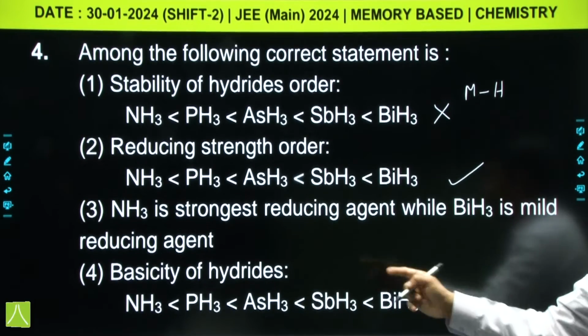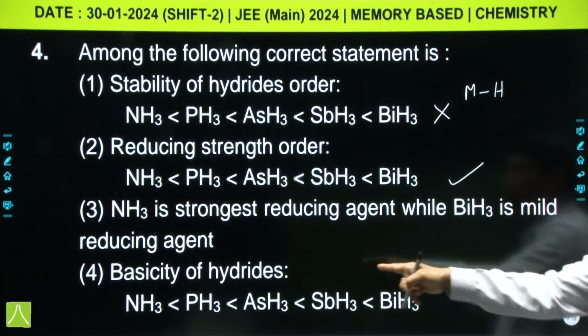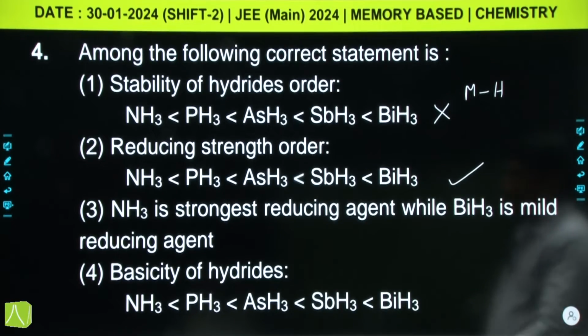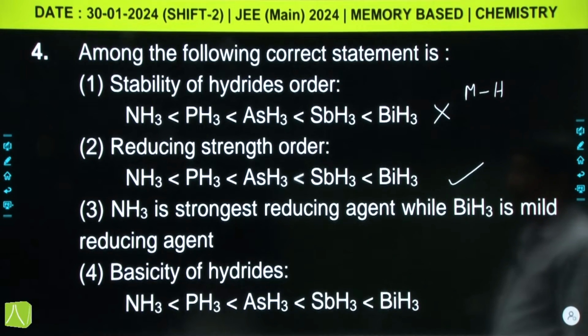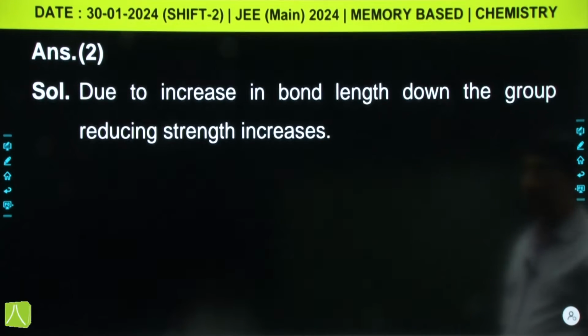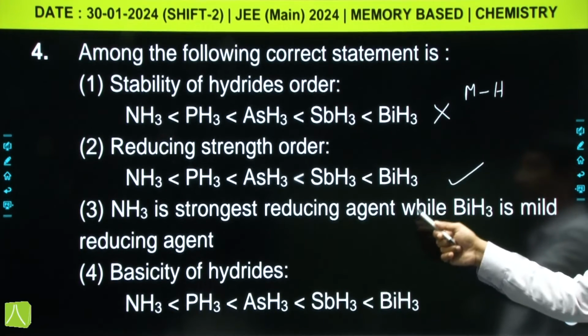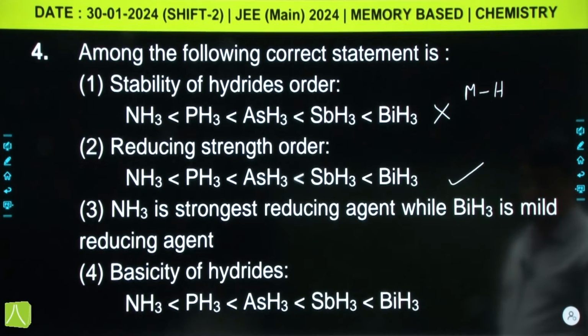This order is also wrong. Here NH3 is a stronger base than BiH3. That means the basic strength order decreases instead of increasing. So, in this question the correct answer is 2.